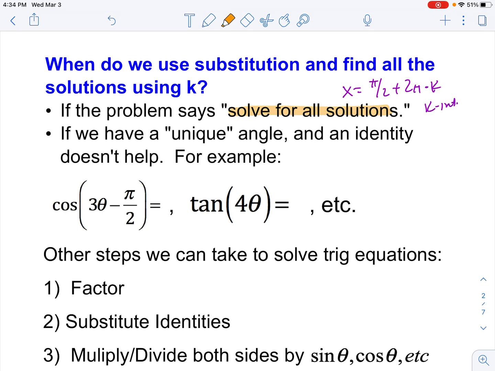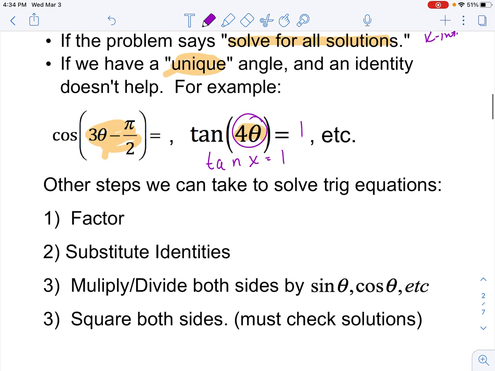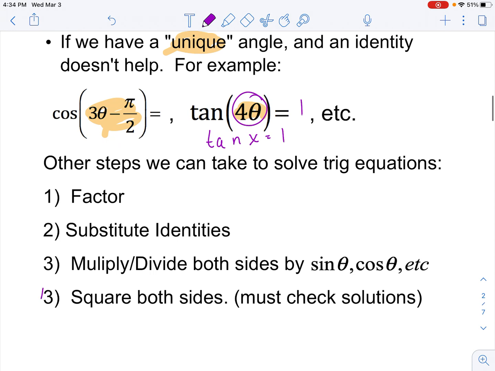Also if we have those unique angles, those 4 thetas or those 3 theta minus pi over 2, and identity doesn't help us there, that's when we're going to do substitution, and that's when we're going to find the all solutions. So remember, we substituted, and we said tangent of x equals 1 or whatever it's equal to. We solve for the all solutions equation, and then we have to plug that 4 theta back in.